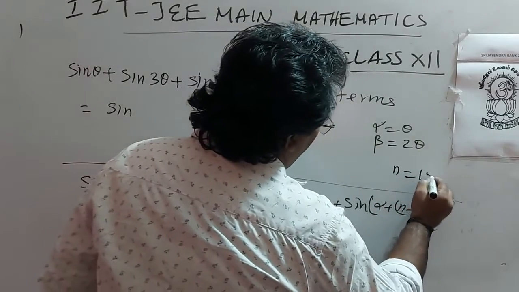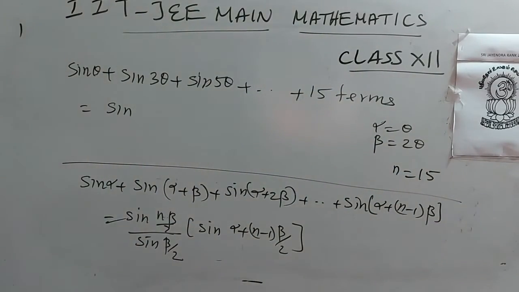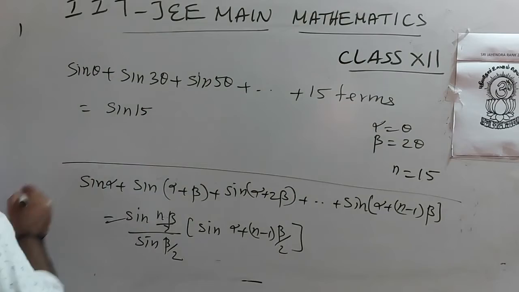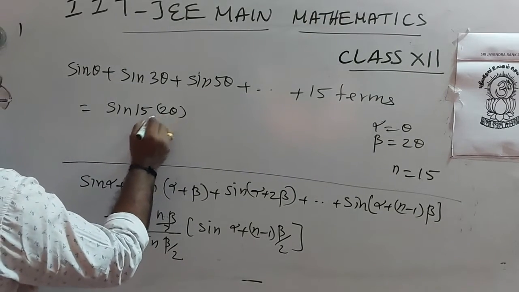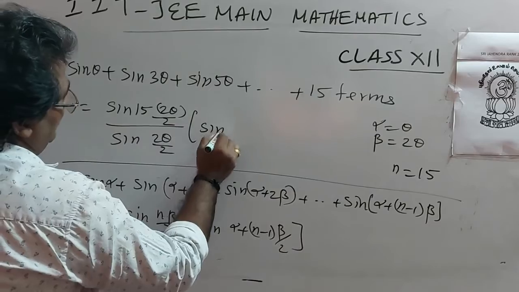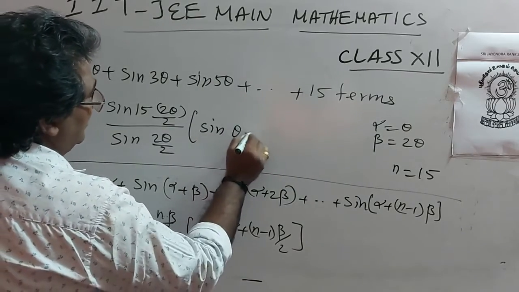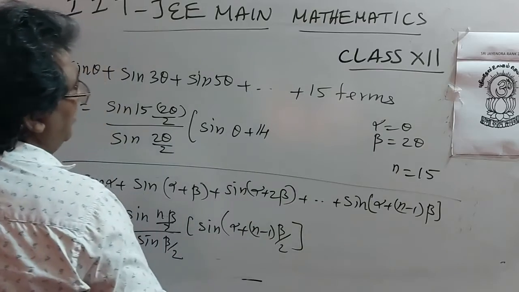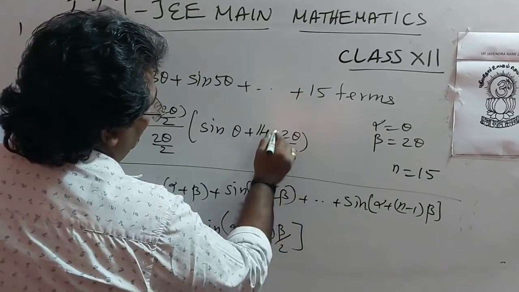So n equal to 15 terms. Sin n beta by 2, that is 15 into 2 theta by 2, divided by sin beta by 2, that is sin 2 theta by 2, into sin of alpha, that is theta, plus (15 minus 1) means 14, into beta by 2, that is 2 theta by 2.